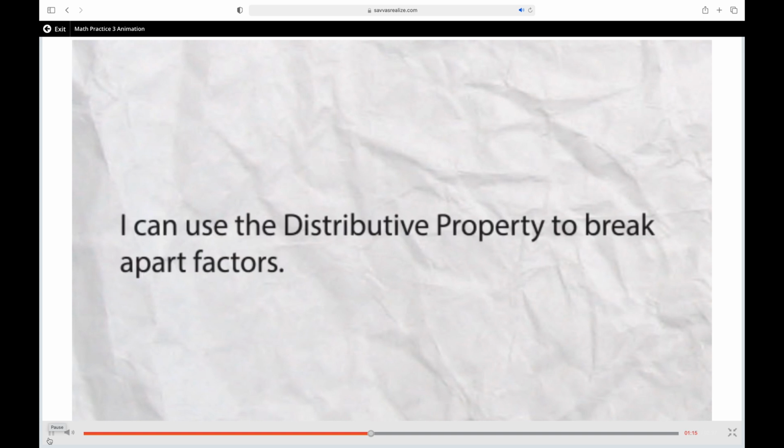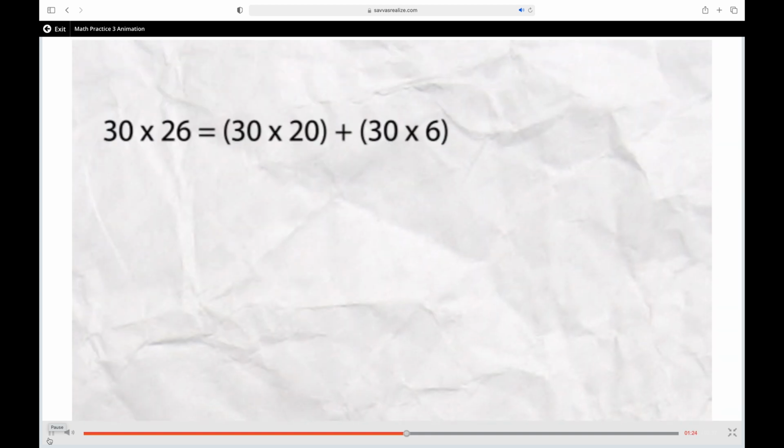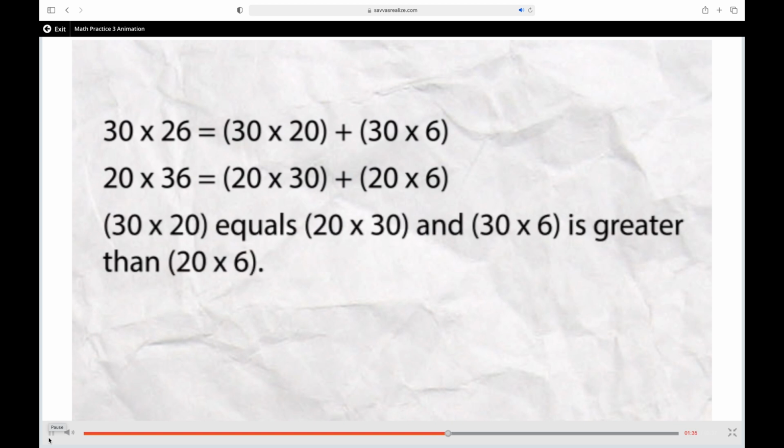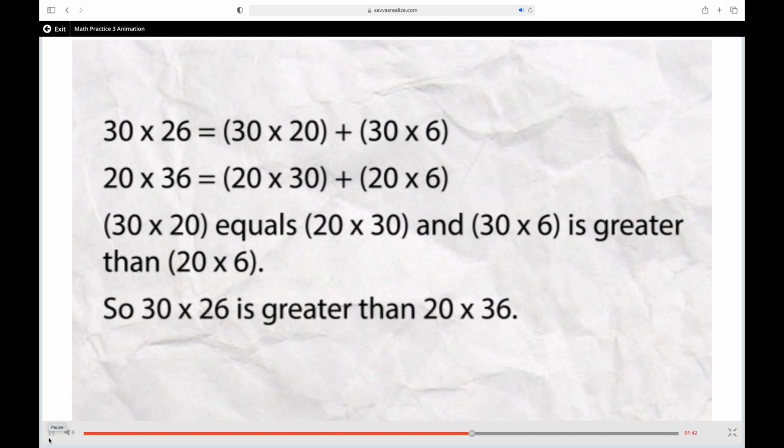One way could be, I can use the distributive property to break apart factors. 30 times 26 equals 30 times 20 plus 30 times 6. 20 times 36 equals 20 times 30 plus 20 times 6. 30 times 20 equals 20 times 30, and 30 times 6 is greater than 20 times 6. So 30 times 26 is greater than 20 times 36. Miranda is correct.